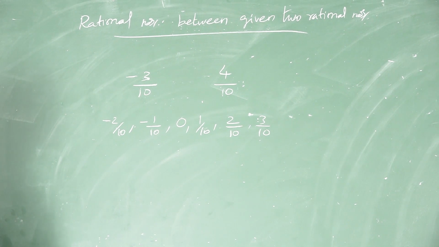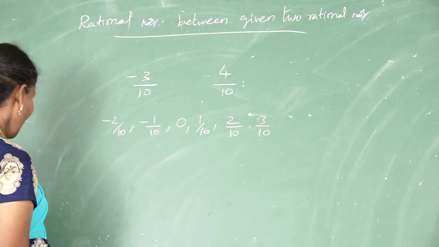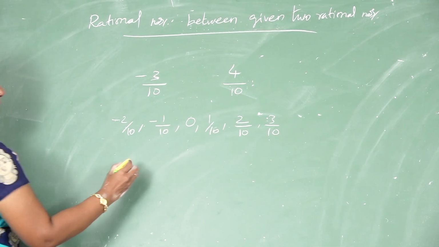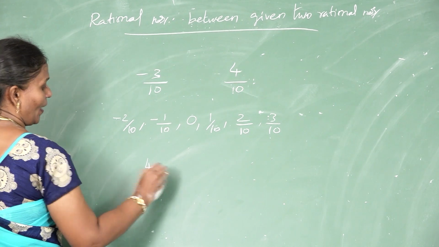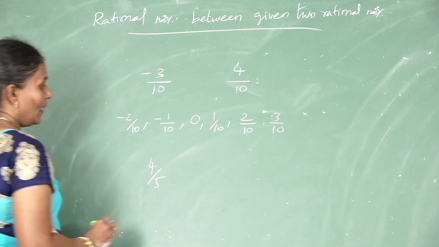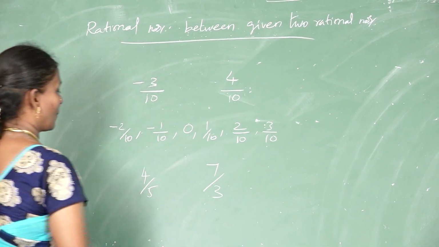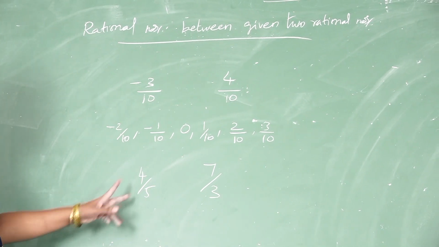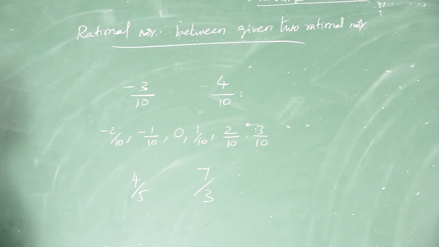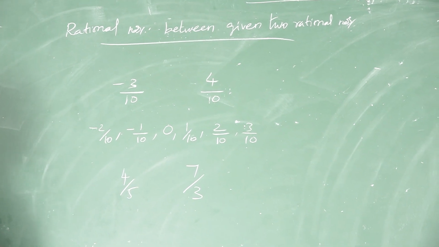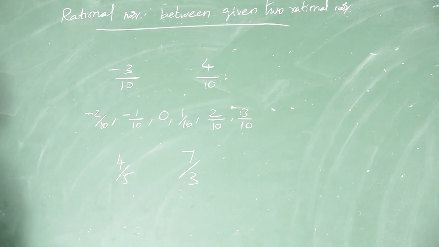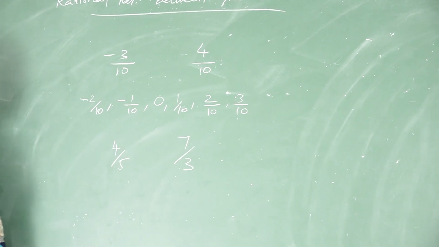Understand? Okay. Now see one more example. 4 by 5 and 7 by 3. See these two rational numbers. Now we find out any 5 rational numbers in between these two rational numbers.